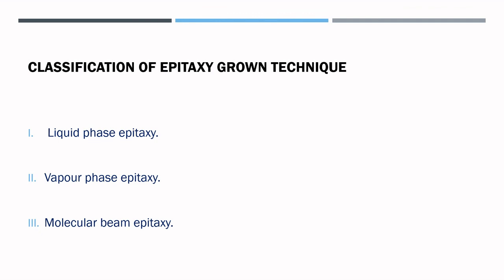You have to use some gas or a liquid with a very high vapor pressure, which can be vaporized very easily. So these three systems are the classification of epitaxy systems. Okay, I hope you understand. So here we end today's session. In the next lecture, we will talk in detail about the vapor phase epitaxy process.